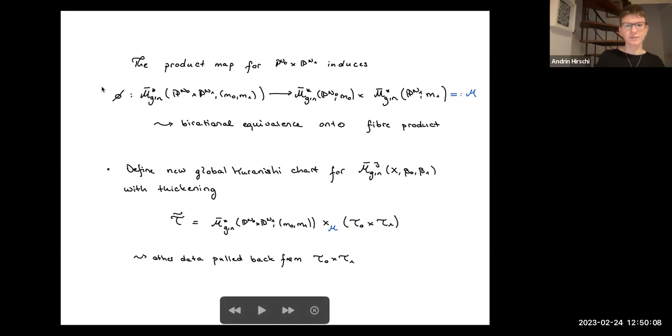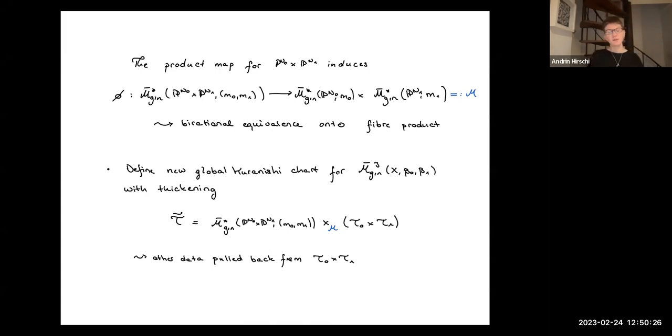So the restriction of this map will be a smooth map, and it will also be proper. And even more importantly, it's a birational equivalence onto the fiber product of these two moduli spaces over the moduli space of stable curves, considered as an orbifold.